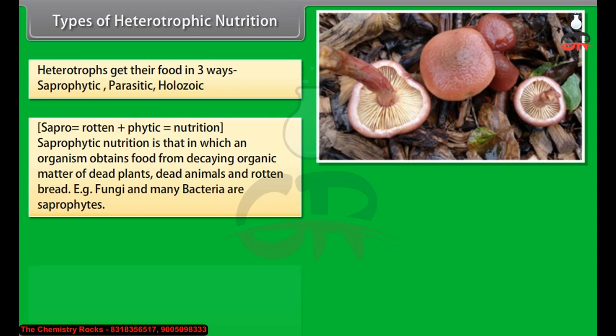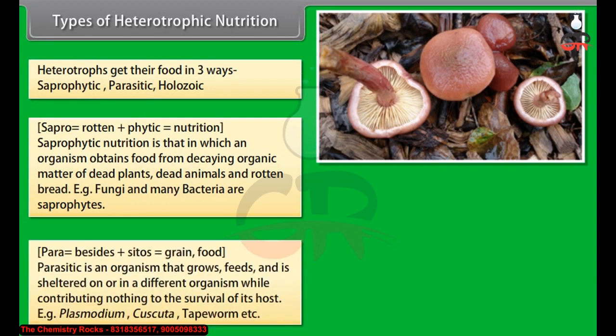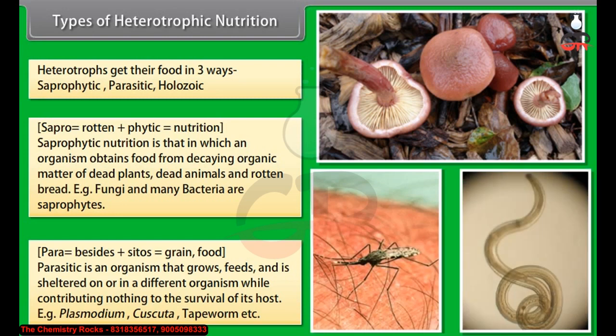Para means besides, cytos means grain or food. Parasitic is an organism that grows, feeds, and is sheltered on or in a different organism while contributing nothing to the survival of its host.